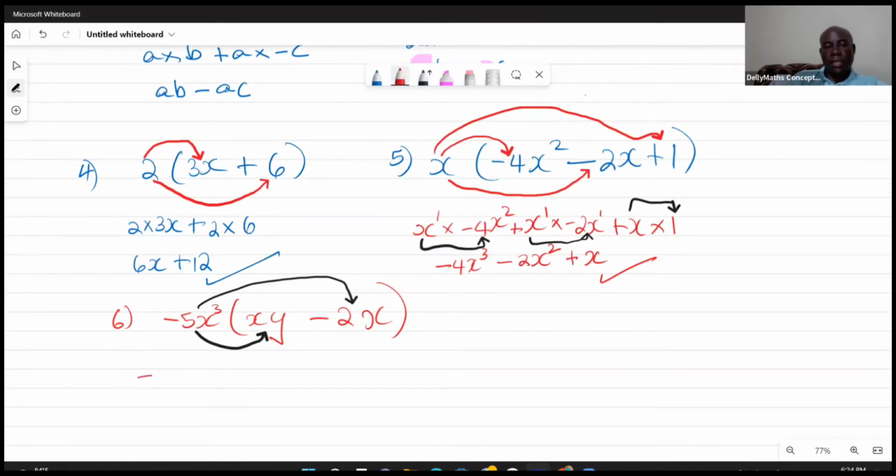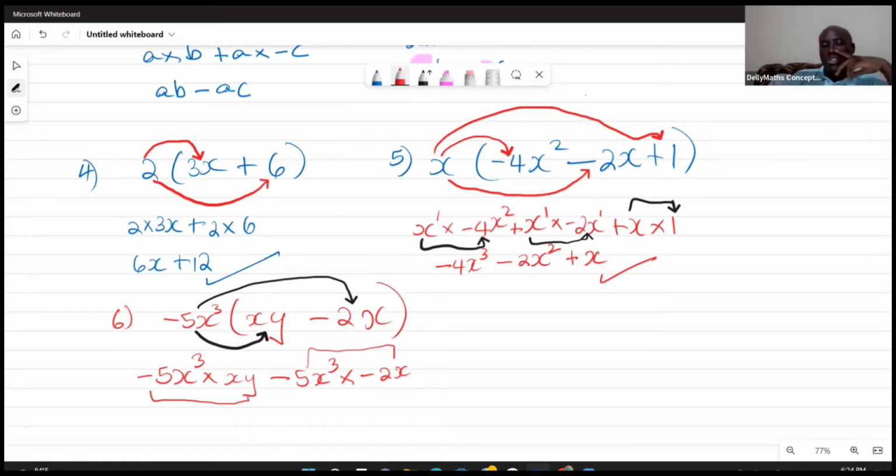Here it is, negative 5x to the third times xy. It's minus 5x to the third times negative 2x. We have 2 pegs that you're dealing with here.